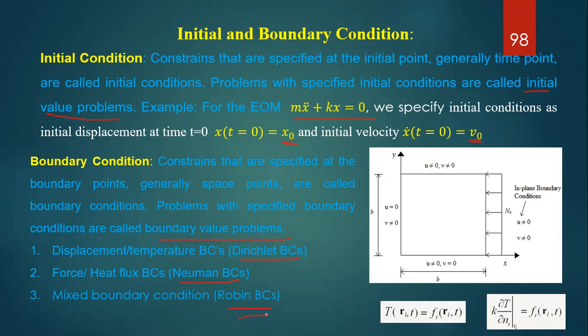Okay, so we can see here u is equal to 0, v different from 0. So that means u is 0. Again, in this edge, u different from 0, v is equal to 0. It means the y component is 0.